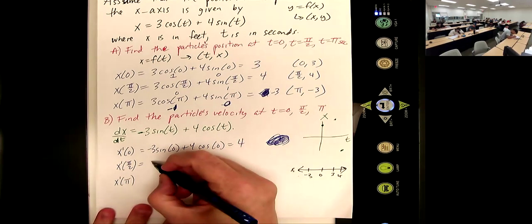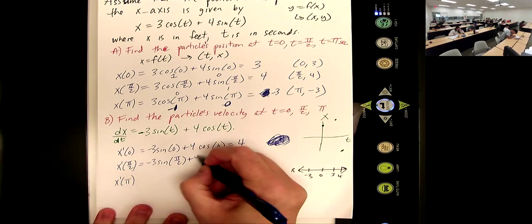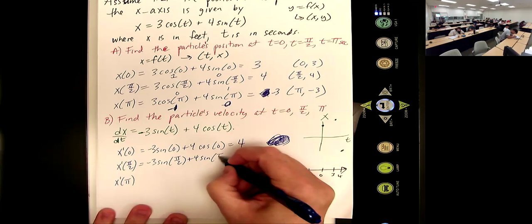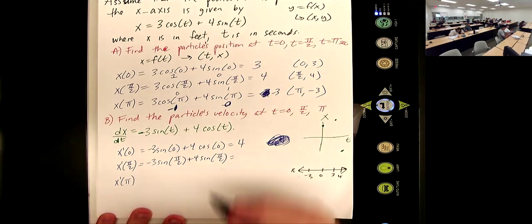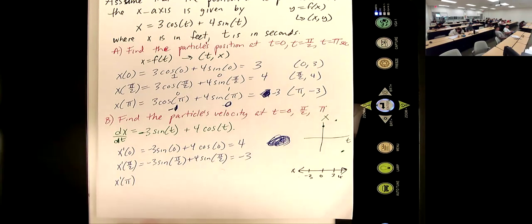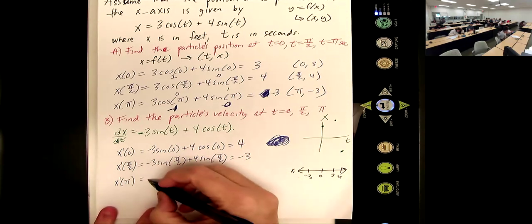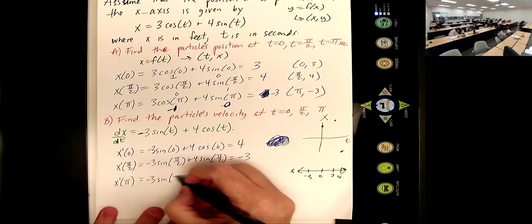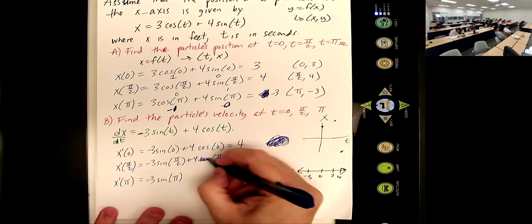You put in pi over 2. We have negative 3. And at pi, wait, that should say cosine there.